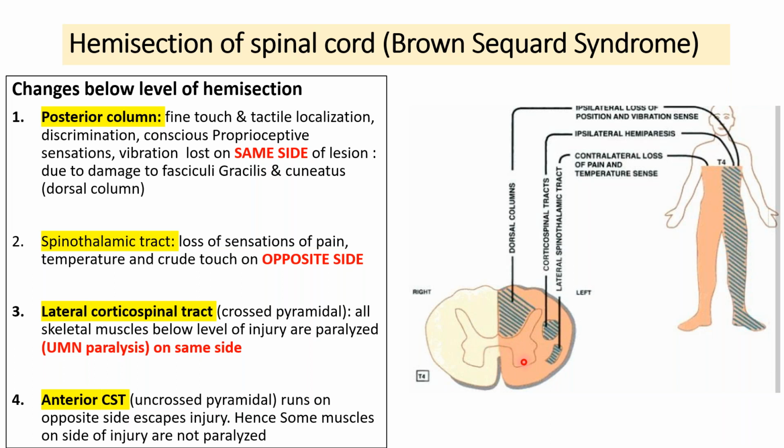Hence, some of the opposite side muscles will escape injury, and that is why some muscles on the side of injury are not paralyzed, but the majority of muscles, or upper motor neuron type paralysis, will be seen on the same side. So this is very important, it comes in your exam, Brown-Sequard syndrome, and these are the changes that take place in the Brown-Sequard syndrome.